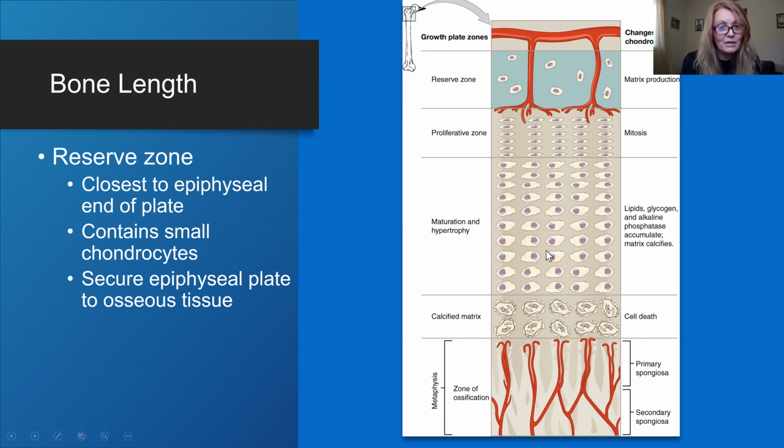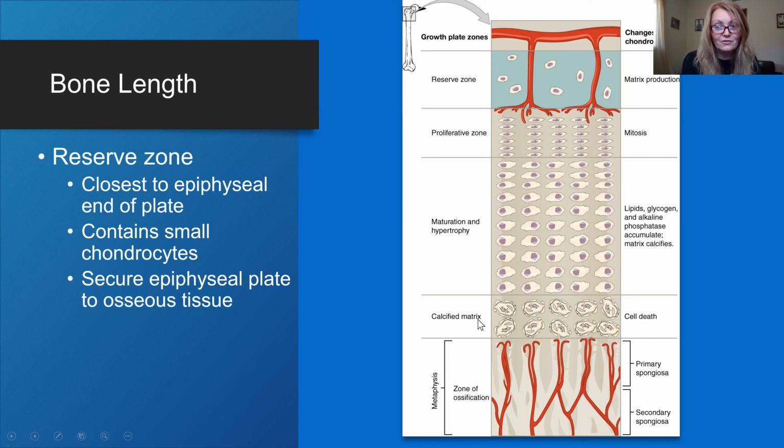They get bigger in the maturation and hypertrophy zone. But then they start accumulating lots of calcium. And with this calcium surrounding you, less and less nutrients diffuse to you, less oxygen. So you start dying. Those chondrocytes die, and when they die, they are replaced by bone, right?